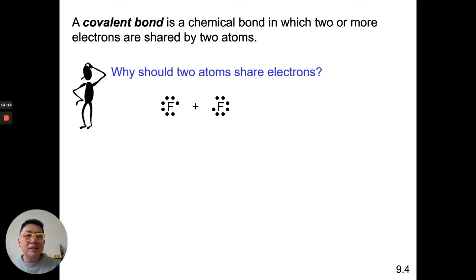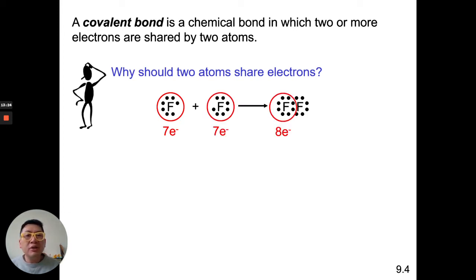But what happens instead of one gaining and one losing is that in fluorine, they're going to share electrons. Both of them are group 7. They share electrons. It's almost like a Venn diagram. They share that pair of electrons in the middle. So this fluorine has 2, 4, 6, 8 electrons. The fluorine on the right has 2, 4, 6, 8 electrons.